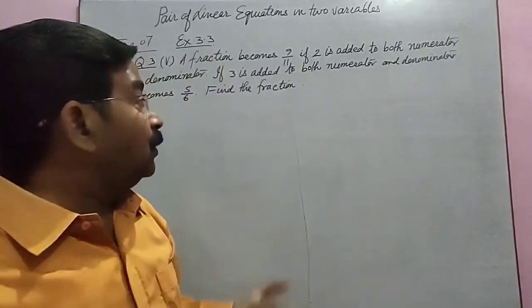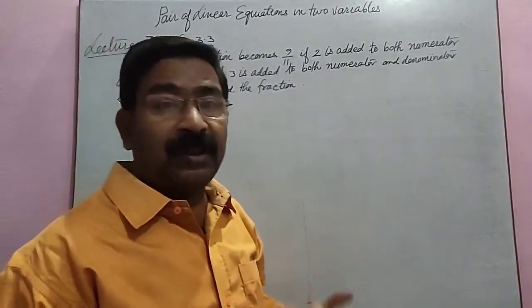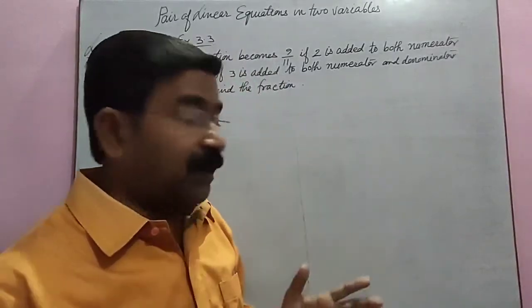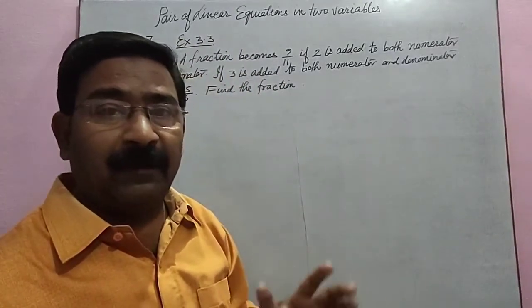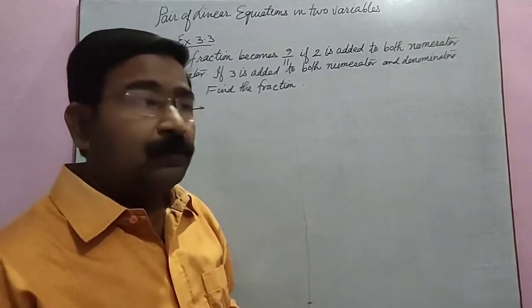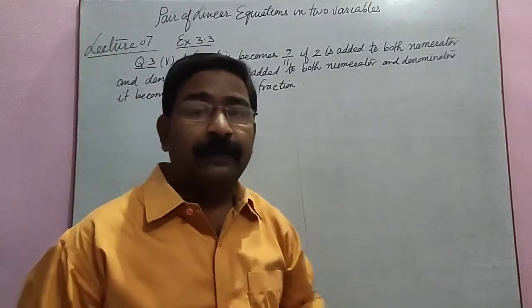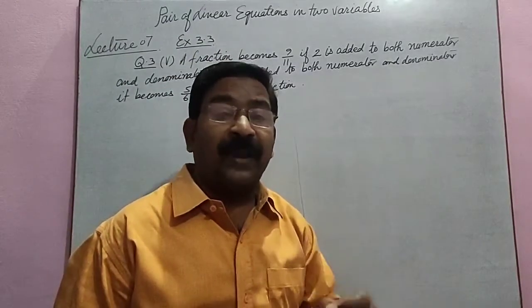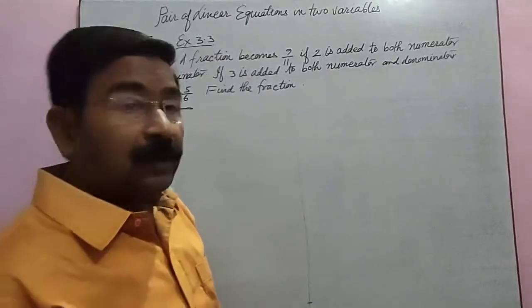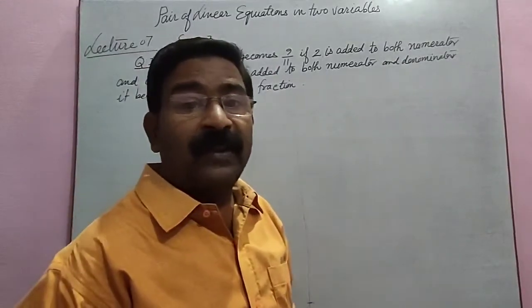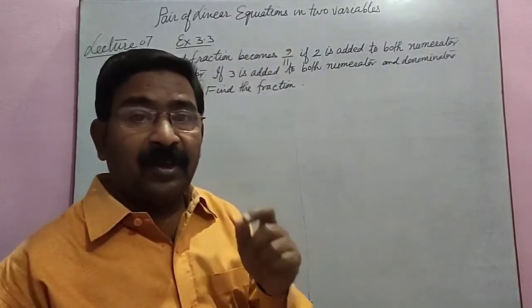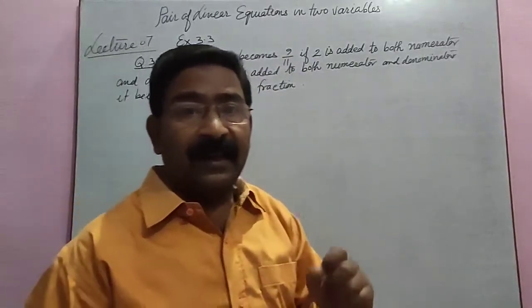You know that a fraction contains two things, numerator and denominator, and we are to use two variables, x and y, a and b, whatever you want. I would like to give you some important points to be noted. When you solve the question, the fraction is always a proper fraction. Proper fraction means the numerator is always less than the denominator.